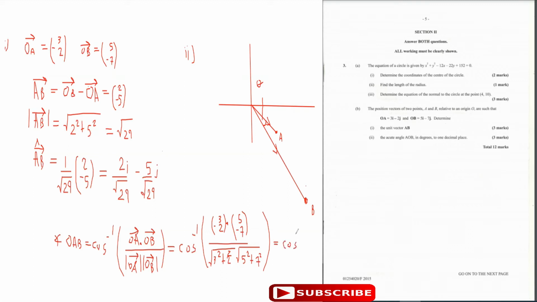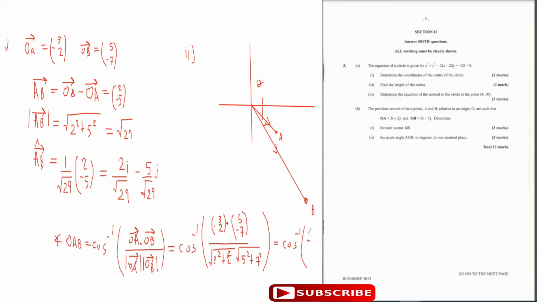That's going to be cosine inverse of 3 times 5 plus negative 2 times negative 7, that's 29.